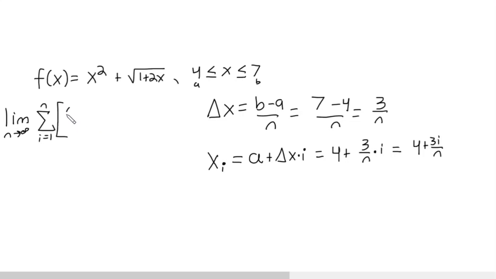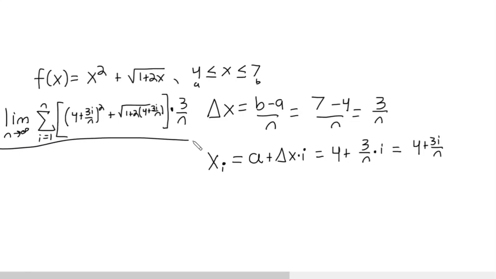So I would have 4 plus 3i over n, squared, plus the square root of 1 plus 2 times 4 plus 3i over n. And then this all gets multiplied by delta x at the end, remember. So this is just going to be multiplied by 3 over n. And that's really all there is to it.